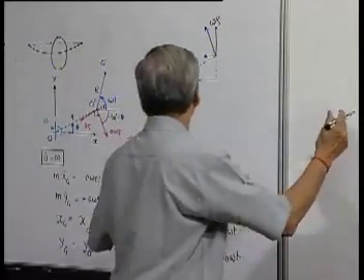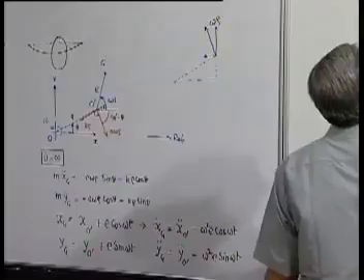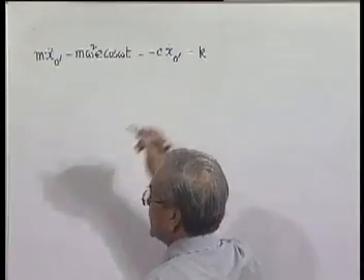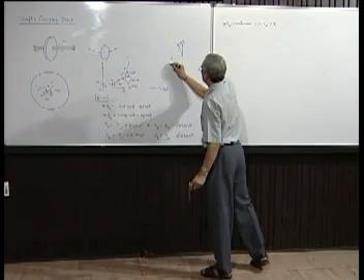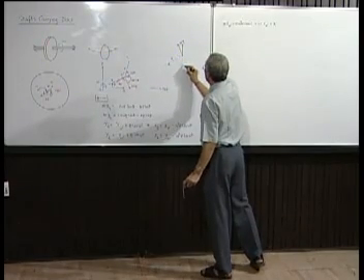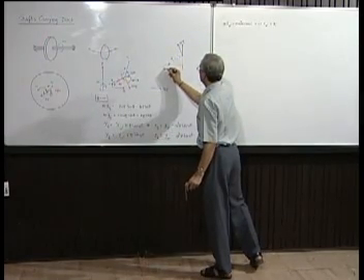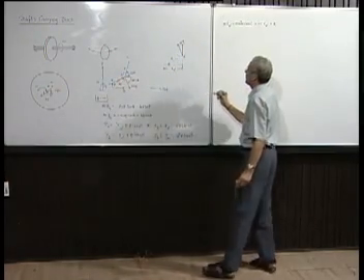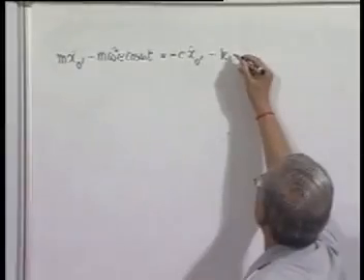Anyhow, so this is this, and minus k rho cosine theta, since this is rho and this is theta, rho cosine theta is nothing but the x component of this point O prime.